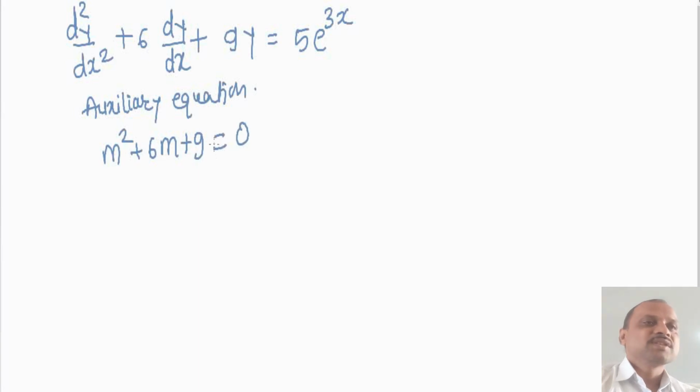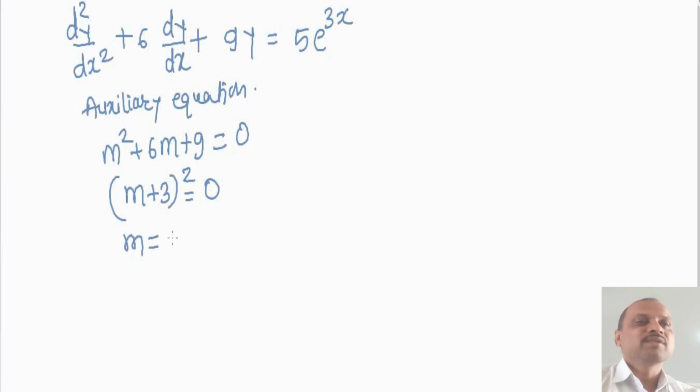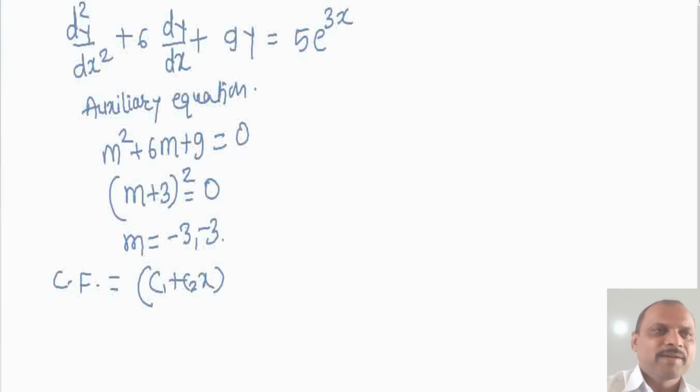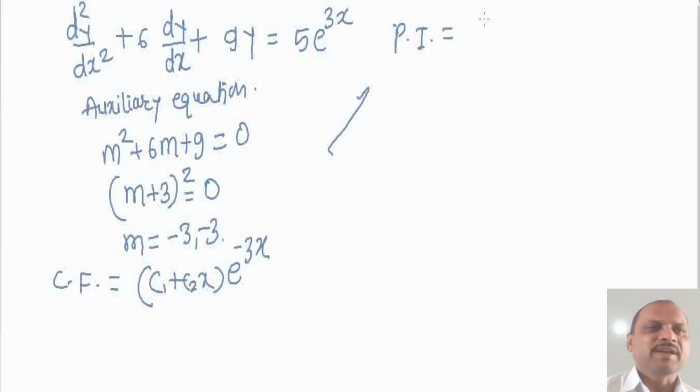So this is nothing but m plus 3 whole square equals 0, and therefore we have m equals minus 3, 2 times. Hence the roots are repeated, therefore the complementary function will be c1 plus c2 into x into e raised to minus 3x.